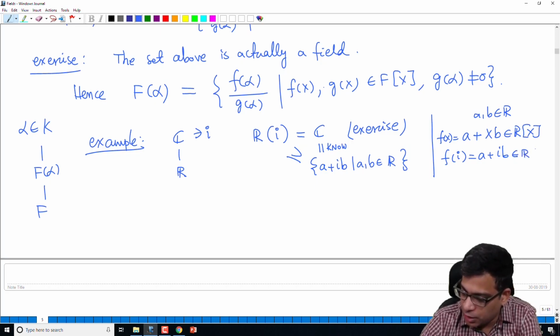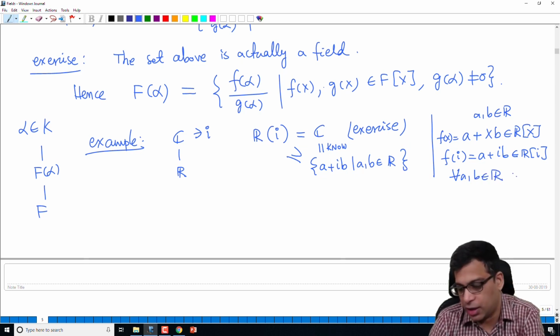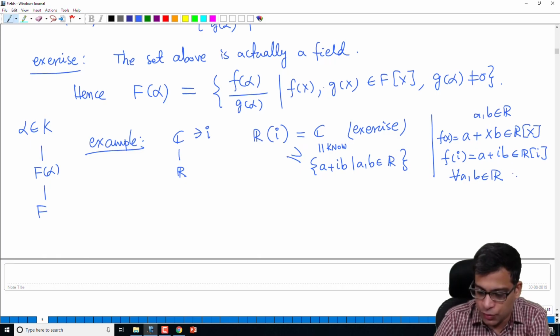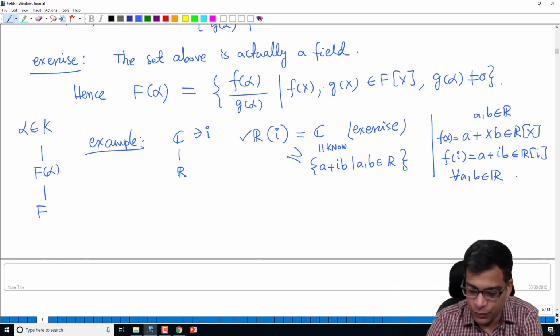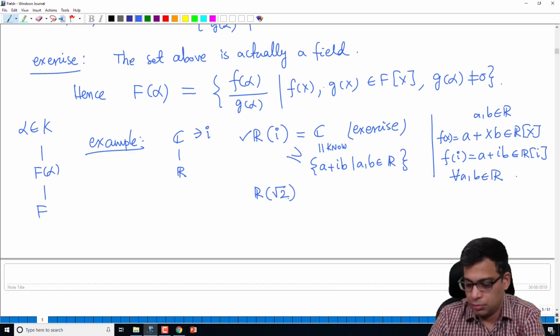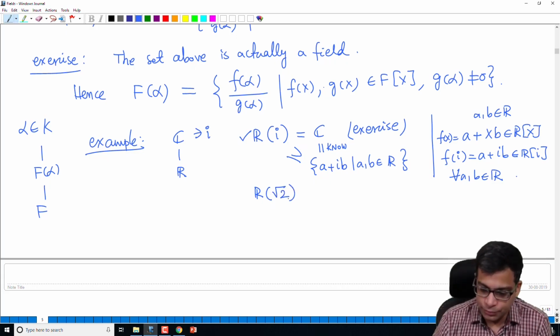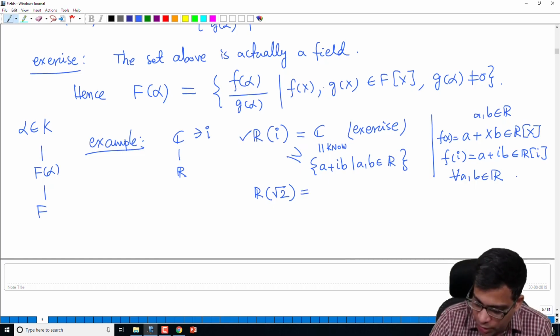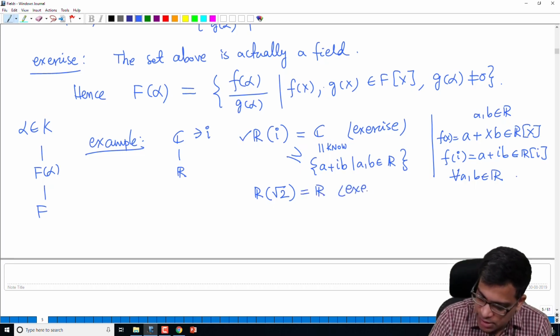This will be in R(i), right? So for all a, b in R, a plus ib is already in R(i), but the set of all a plus ib is equal to C. So R(i) is equal to C. On the other hand, what is R(square root 2)? R(square root 2) I claim is R, and this is an exercise for you.